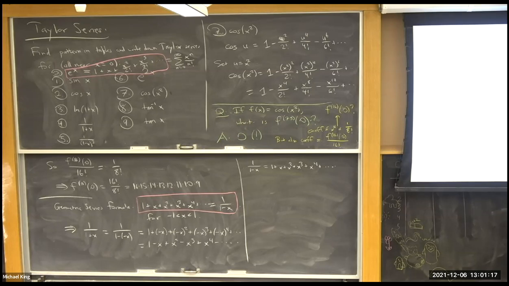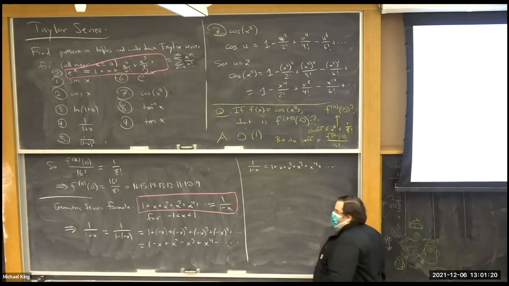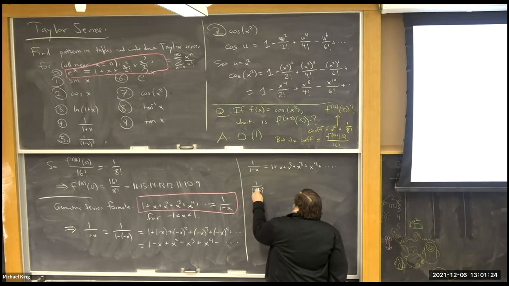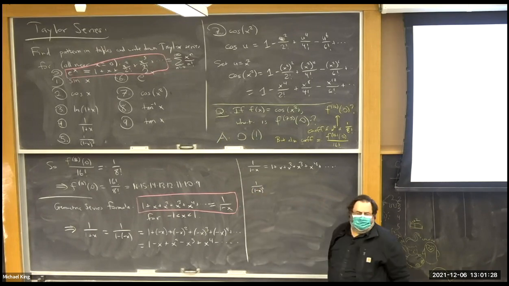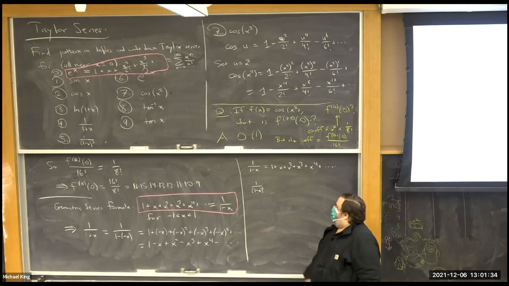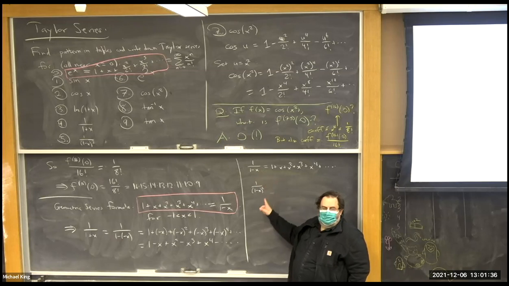How is 1 over 1 minus x quantity squared related to 1 over 1 minus x? Well, one thing you can say is it's the square of it, I guess, but calculus-wise, there's a nice relationship between these two. This is 1 minus x to the minus 1 power.